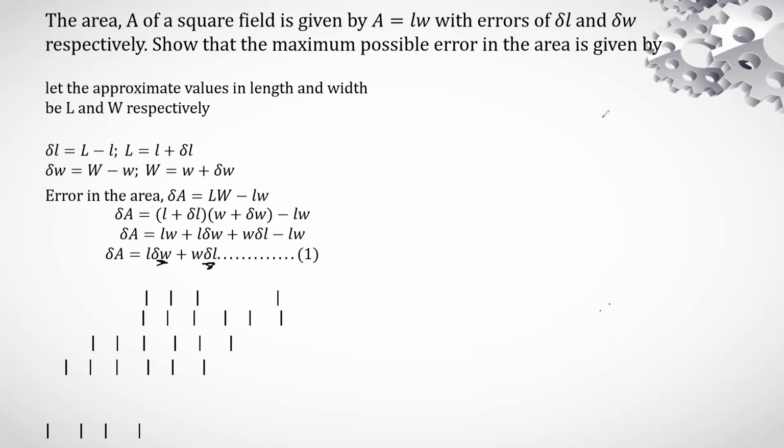So now this is where the triangle inequality comes in. Let's look at a triangle. A triangle has three sides. If you add any two sides, then that sum is going to be greater than the value of the other side.